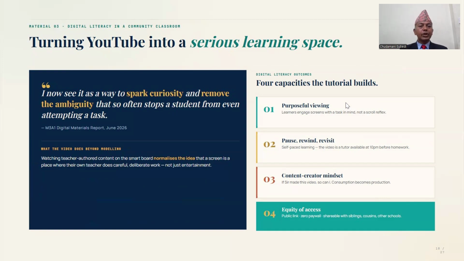What the video does beyond modeling: watching their teacher author content on the smartboard normalizes the idea that a screen is a place where their own teacher does careful, deliberate work, not just entertainment.